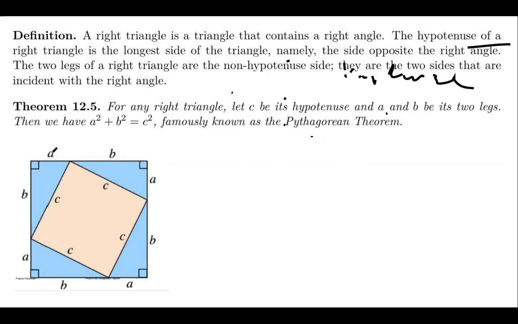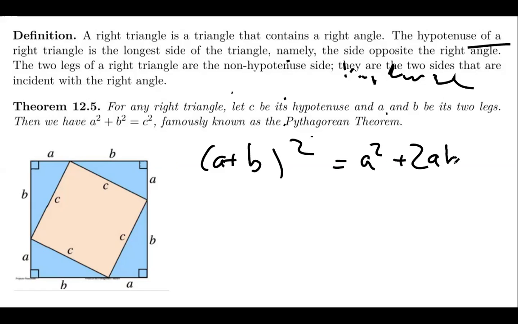So we're going to use this diagram here with all of these triangles. What we can do is find the area of it in a few different ways. First off, just by using the side lengths, we have a plus b squared is the area. And if we expand that, that's a squared plus 2ab plus b squared.